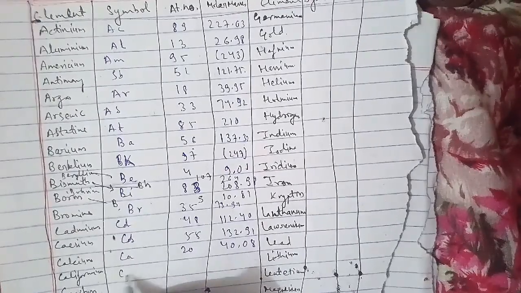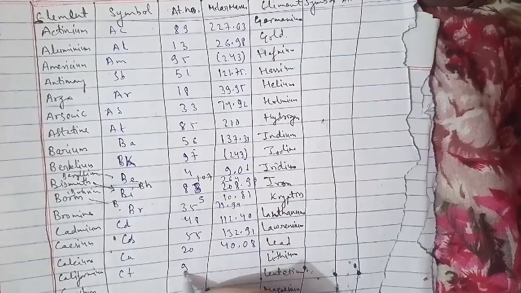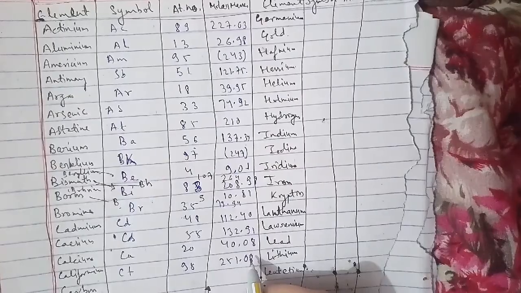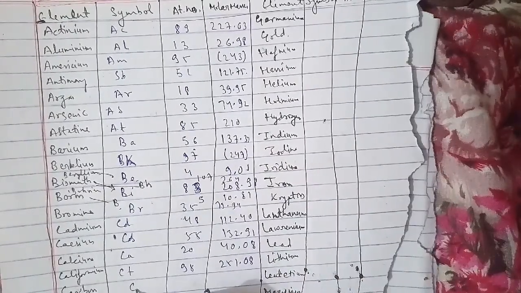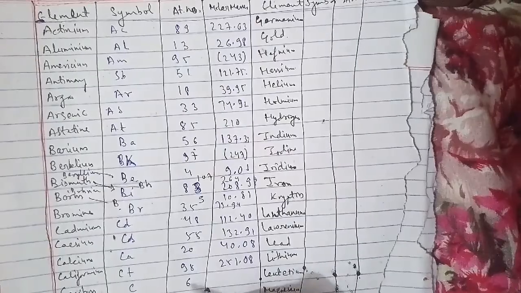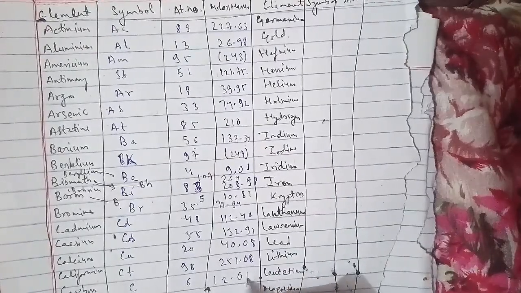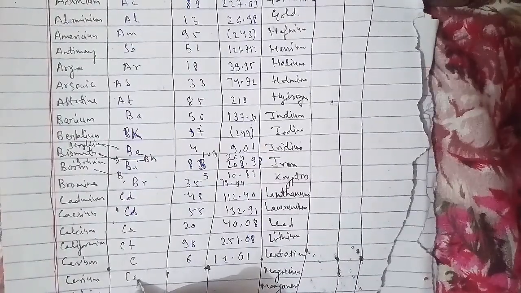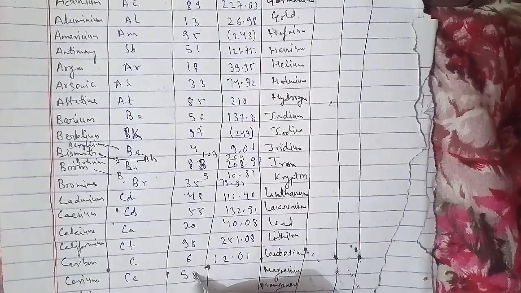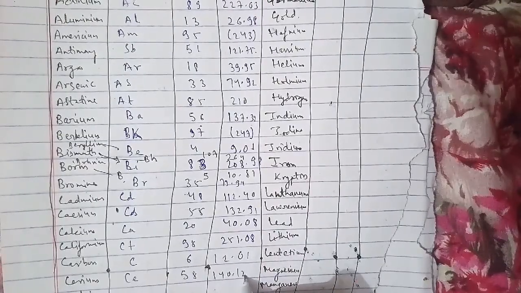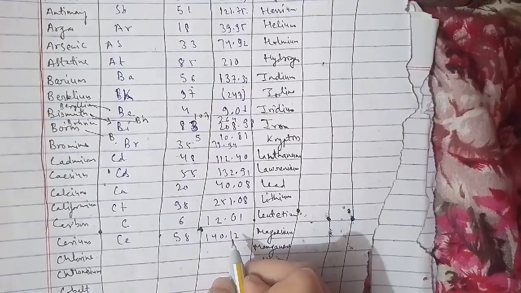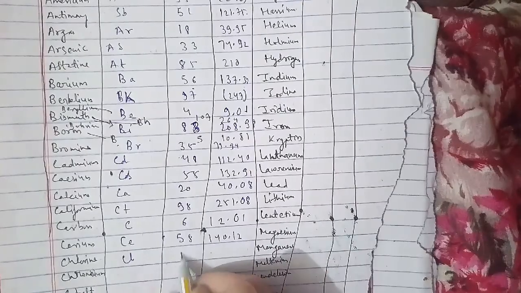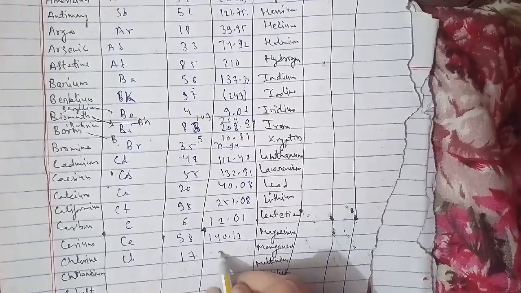Now we will go ahead with chromium. So we have Cr, 24. This is 52.00. For the cobalt we have Co. After that, cobalt, the atomic number is 27, and this is 58.93.